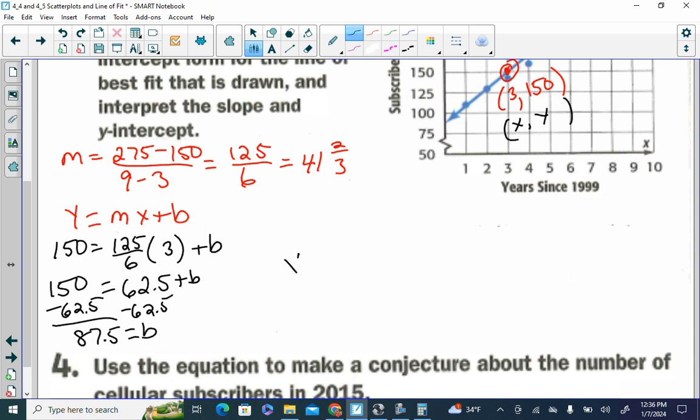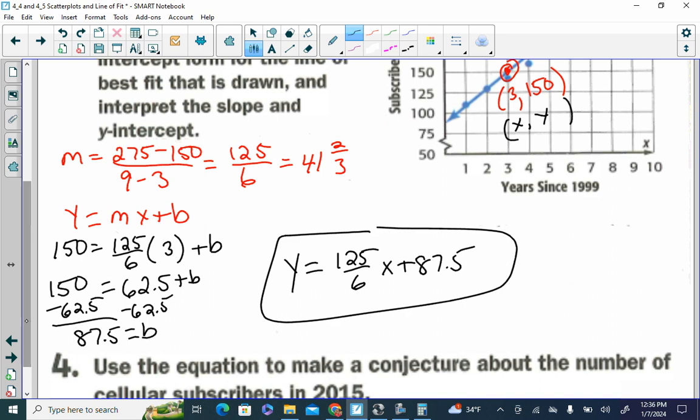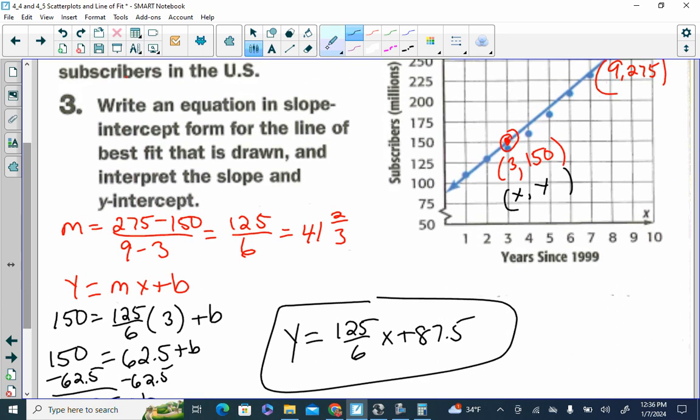So now we have our equation. Y equals 125 over 6 times x plus 87.5. There's our equation. Now, we were asked to interpret the slope and y-intercept.